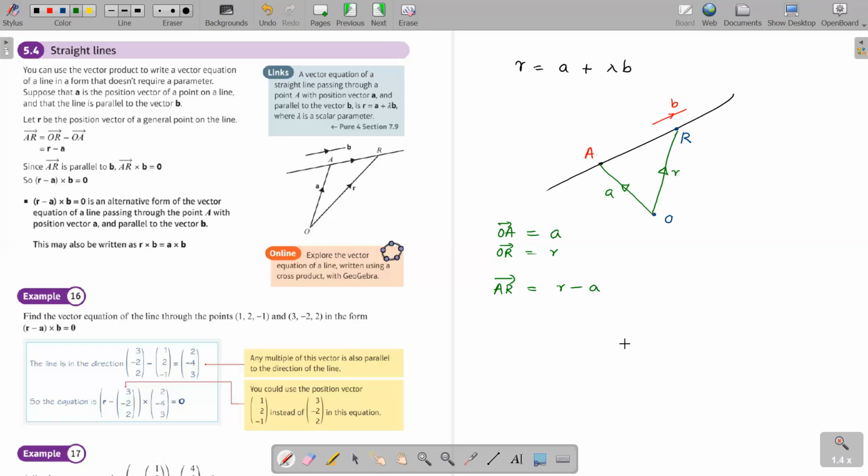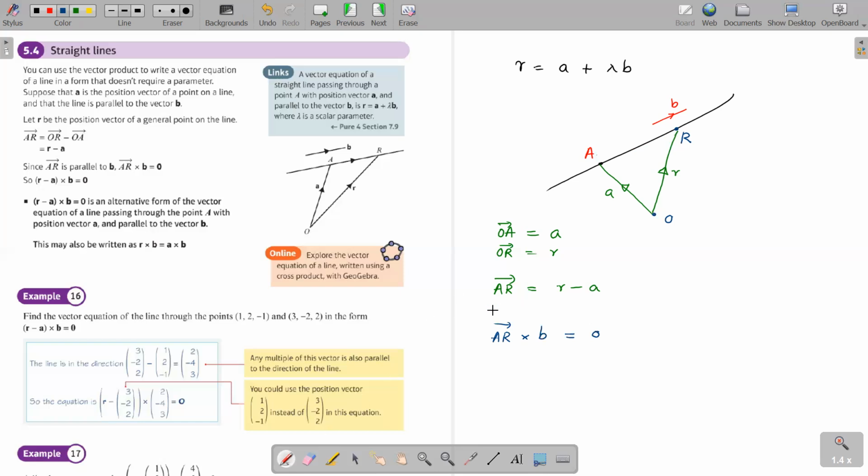Do you see AR is parallel to a certain vector here? AR is parallel to vector b, because AR gives a direction on the line, while b is also giving the direction of the line. Therefore, the cross product of AR with b should give you 0.